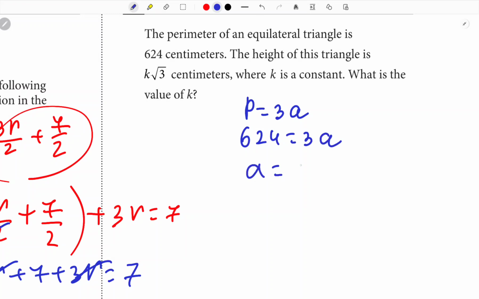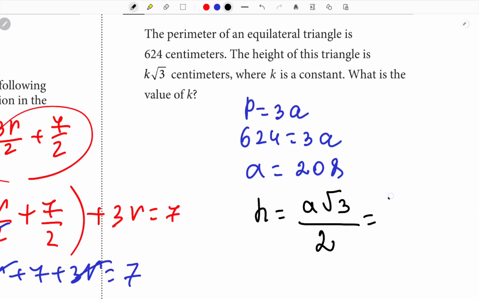A here is 208. So height of the triangle, it's a formula. Height is equal to a times square root of 3 divided by 2.